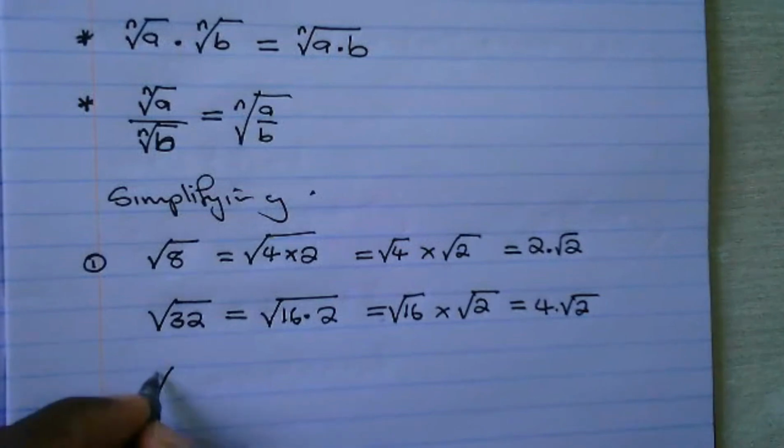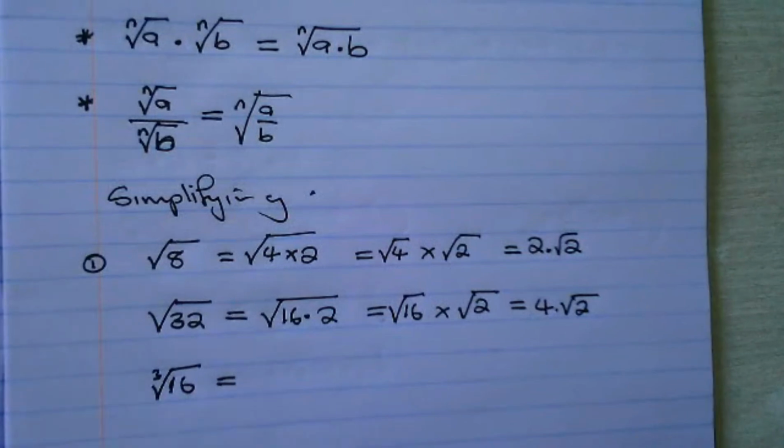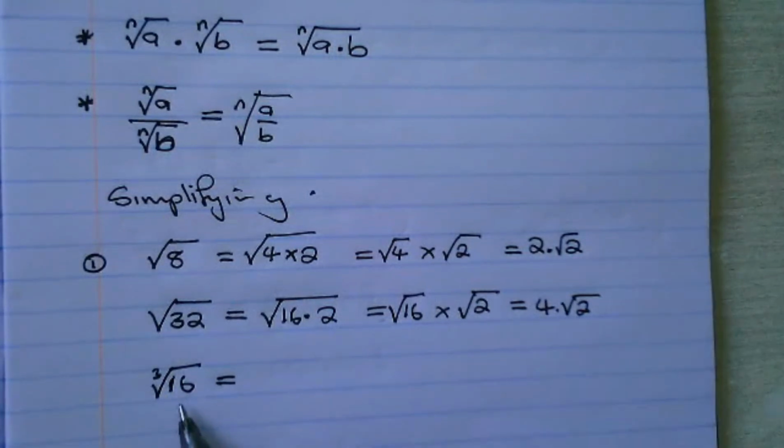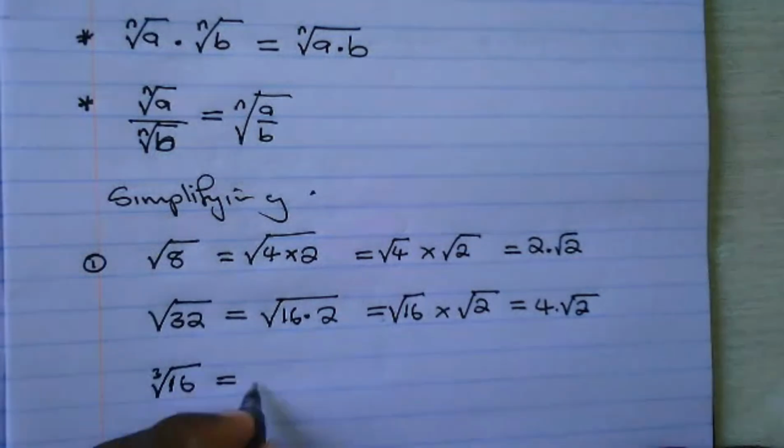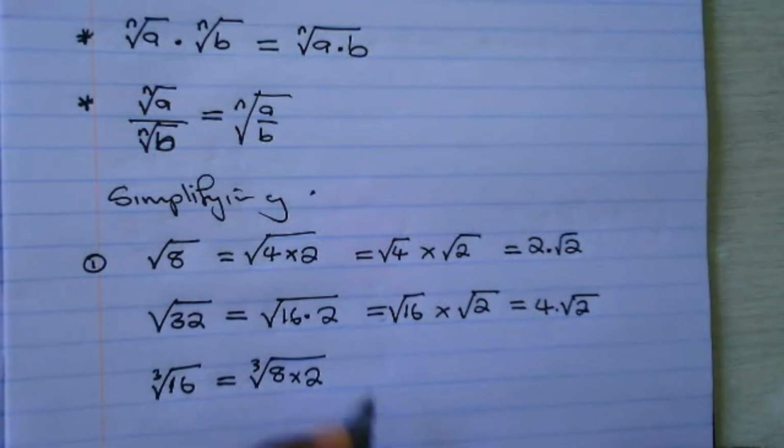And then we can also consider cube root of 16. Cube root of 16, you should notice that one of the factors of 16 is a perfect cube, that is 8. So you can write this as cube root of 8 times 2.